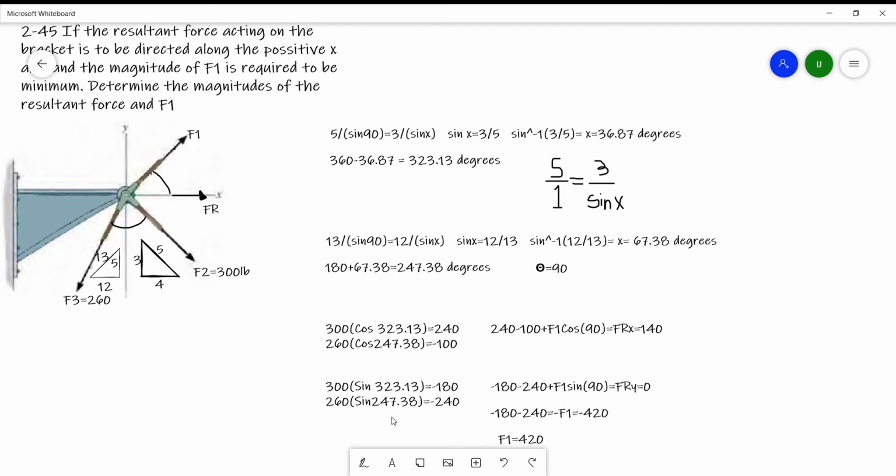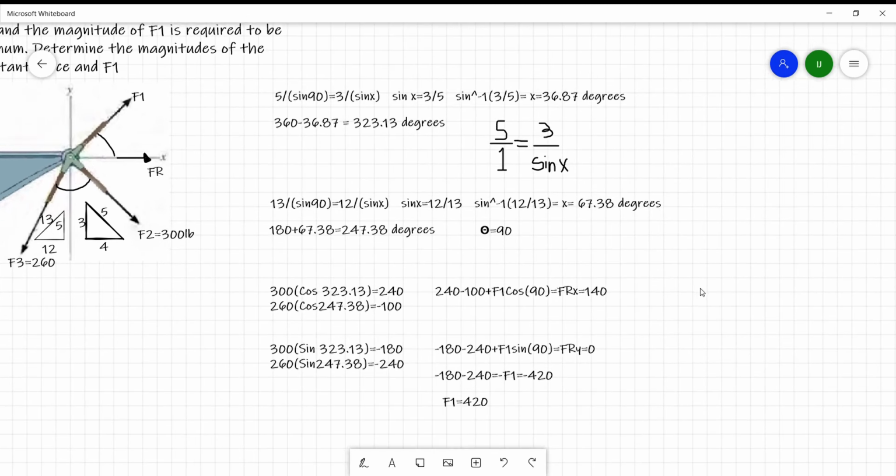And now I have my component of Y on the third force, which is 260. Now I'm going to get the value for Y. I have 260 multiplied by the sin of 247.38, which is going to be equal to minus 240. Yeah, I already did all the operations.